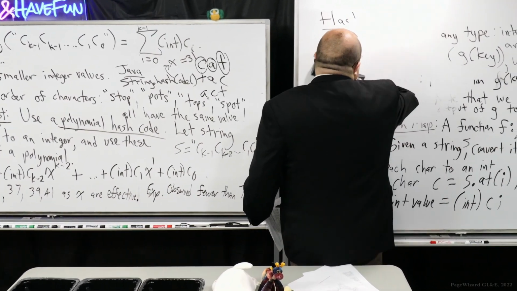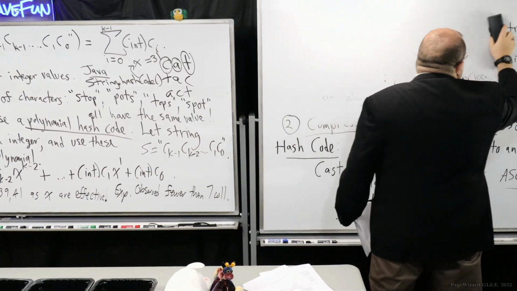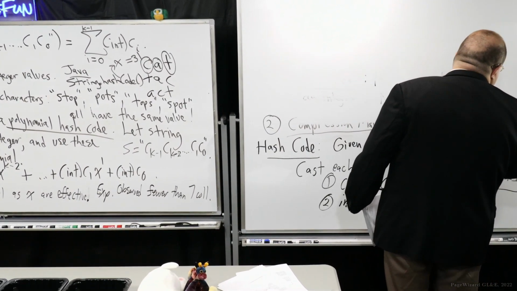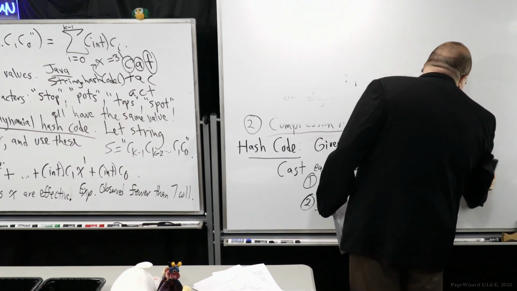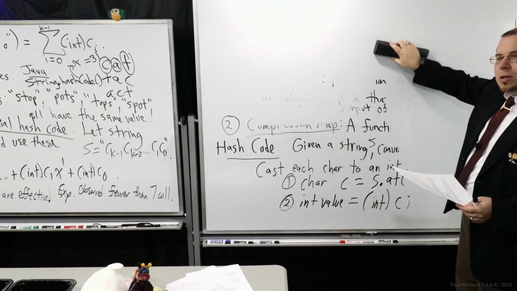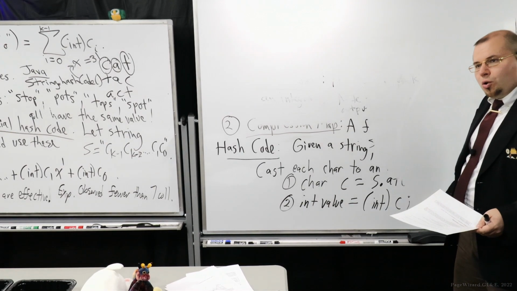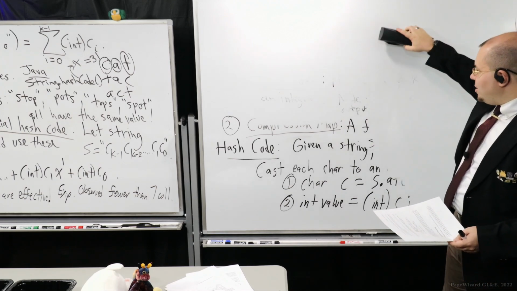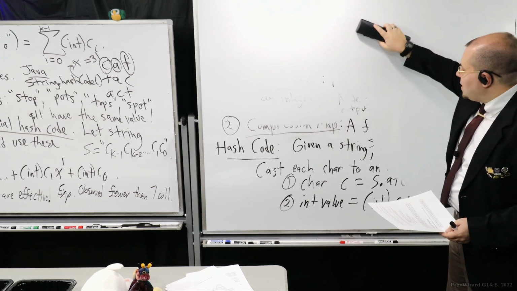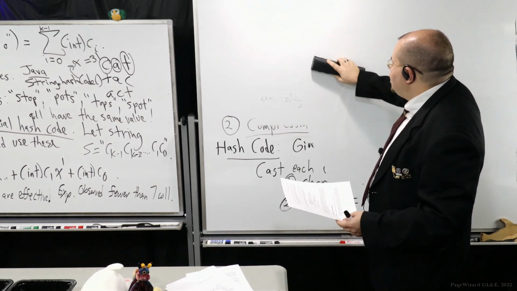Just in a very similar vein as our first attempt at a hash code, except now you would have a running product that you're keeping track of, and you add that to a sum. You can actually rewrite that polynomial's expression in a different way using something called Horner's method. Now, I'm not going to focus much on that here, but what it does is it halves the number of multiplications that are necessary.